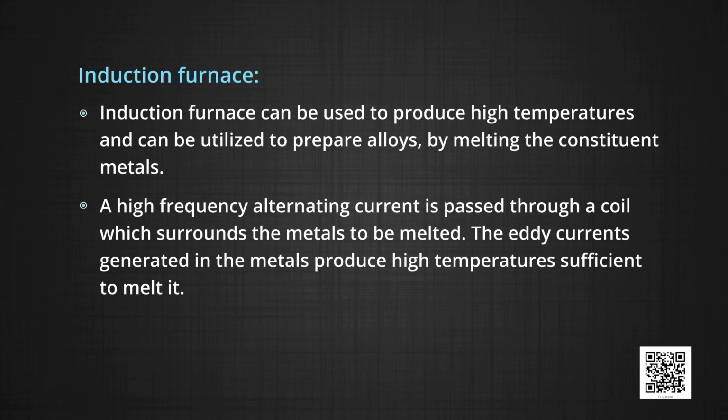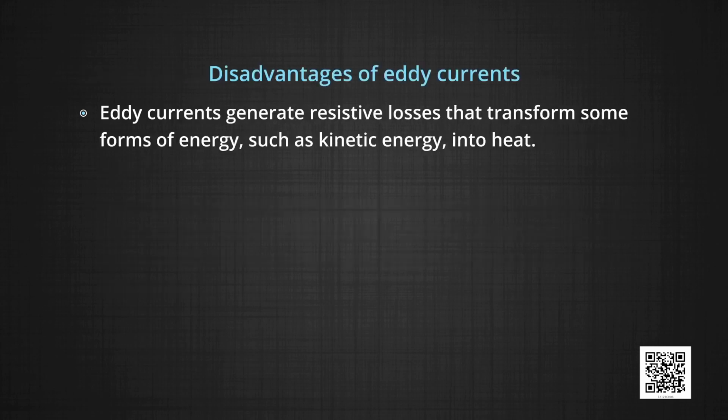A high frequency alternating current is passed through a coil which surrounds the metal to be melted. The eddy currents generated in the metals produce high temperature sufficient to melt it. Eddy currents generate resistive losses that transform some form of energy, such as kinetic energy, into heat.